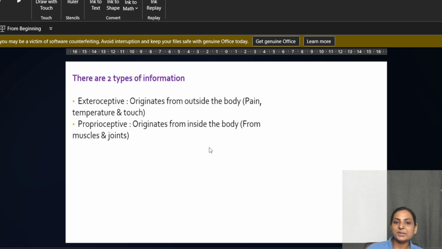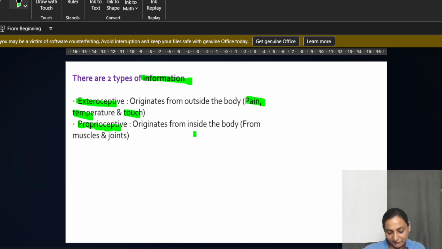This is going to be your spinocerebellar tract. Now just remember that the information that is going to the brain can be exteroceptive, that is originating from outside the body, pain, temperature, touch, and proprioceptive, that is originating from inside the body, that is from the muscles and from the joints.